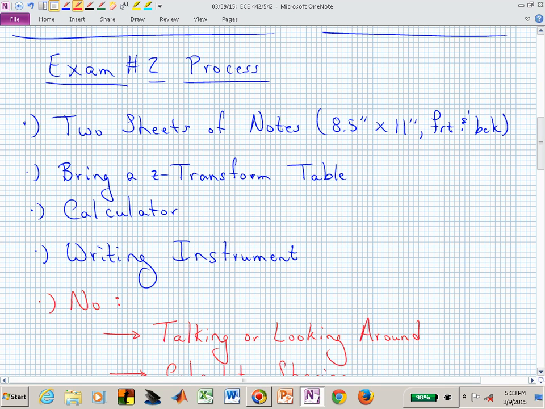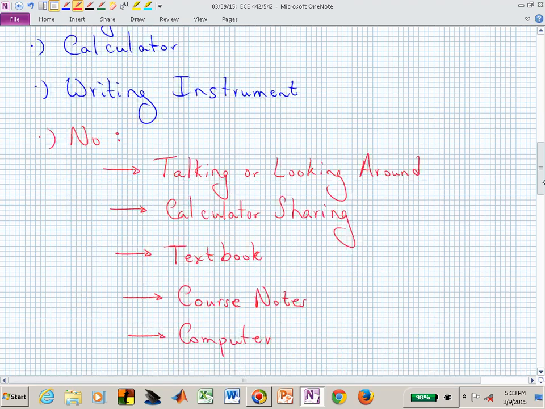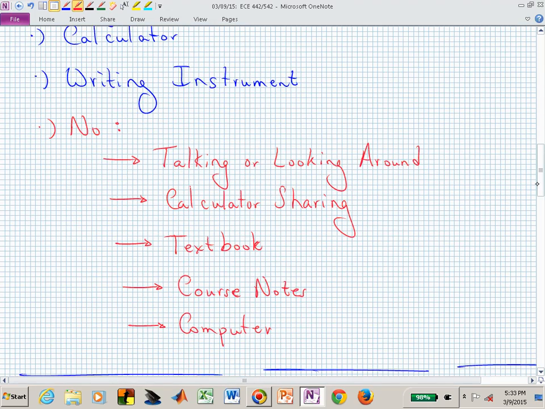You can have a calculator and something to write with, but don't be talking or looking around. I tried to separate you, and that wasn't even quite enough. Don't share calculators, because we could have answers on calculators when you pick up your neighbor's calculator. You don't want to get the wrong answer. No textbook, no course notes, and no computer.